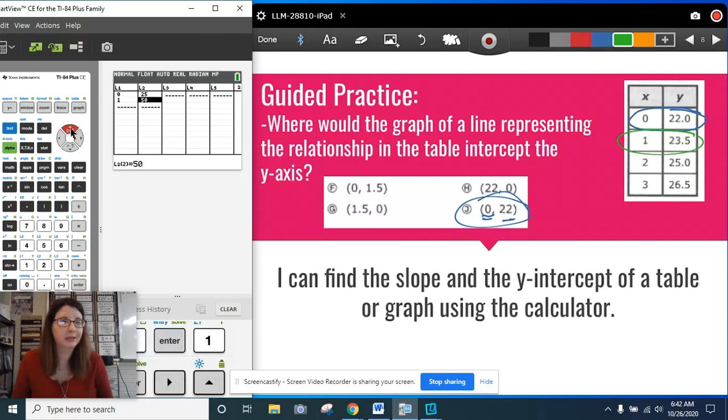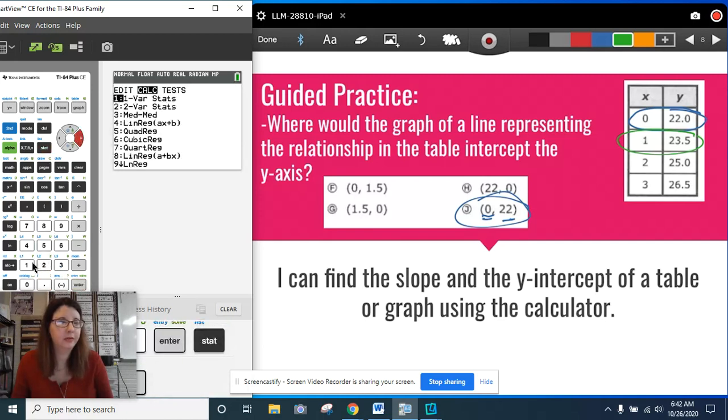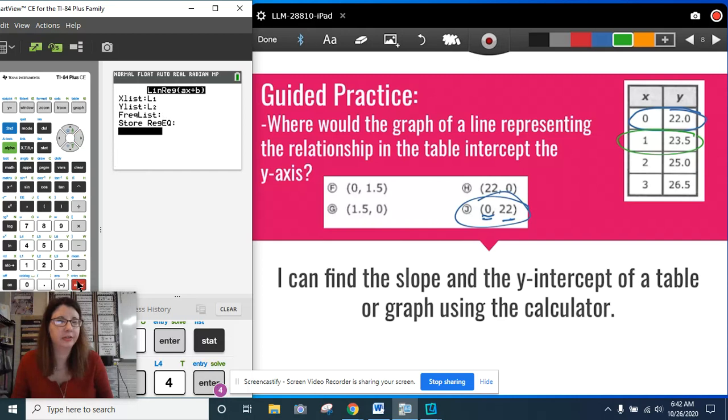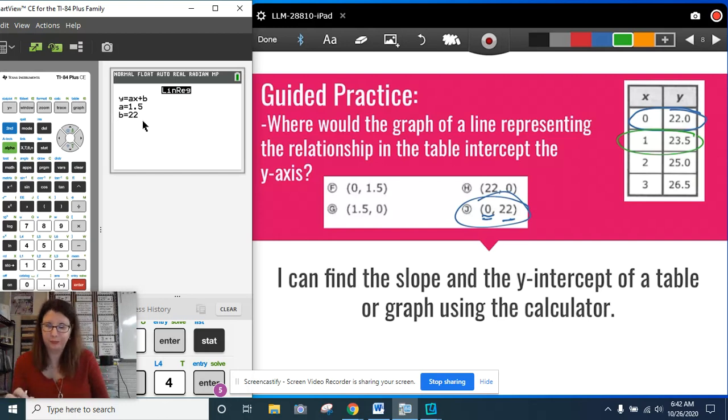You must hit enter to get it to go over. And then 22 and 23.5. Hit enter, stat, calc, enter, enter, enter, enter. My y-intercept is at 22. So my answer is J.